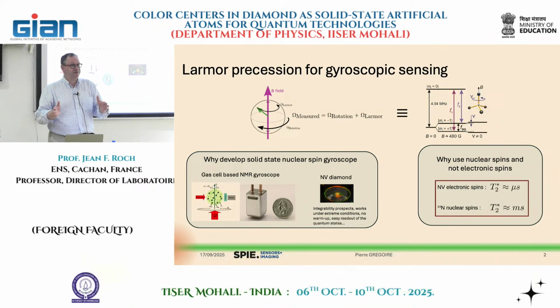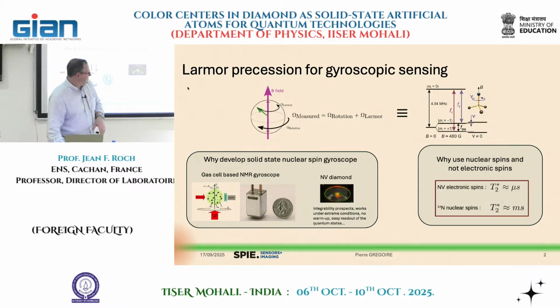Suppose I do a Ramsey fringe experiment and I turn the system, that will induce a dephasing. Since Ramsey fringes are very sensitive, I can measure very small rotations of my sample. And then I have a gyroscope.